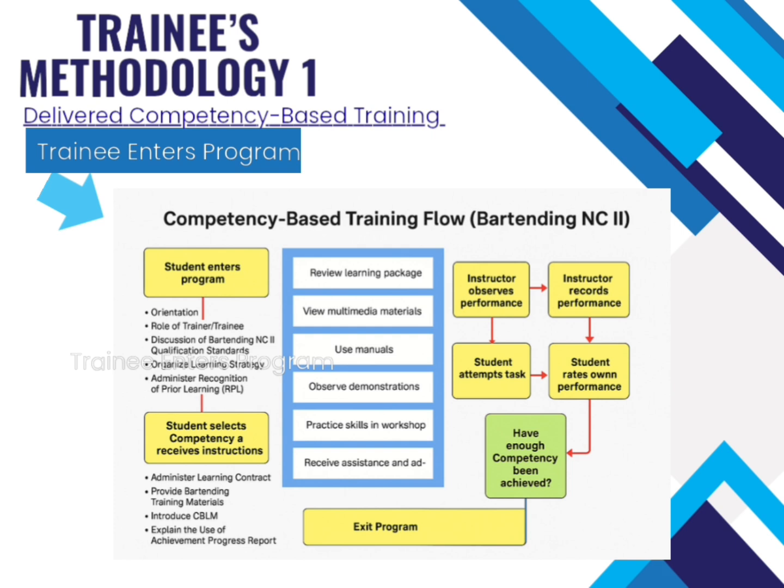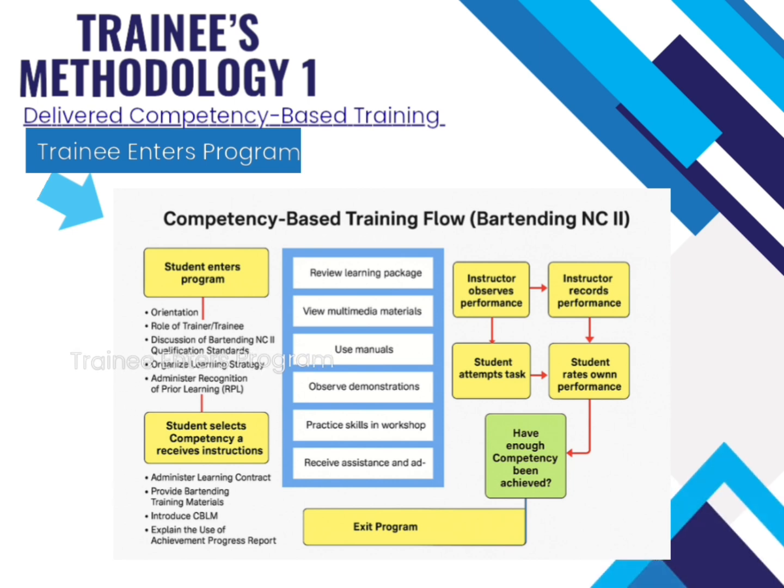So the student selects competencies and receives instructions, and we will administer the learning contract, which outlines your responsibilities, learning goals, and expectations throughout the training. Next, we will provide the necessary bartending training materials, including manuals, tools, and guides to support your learning and skills development.